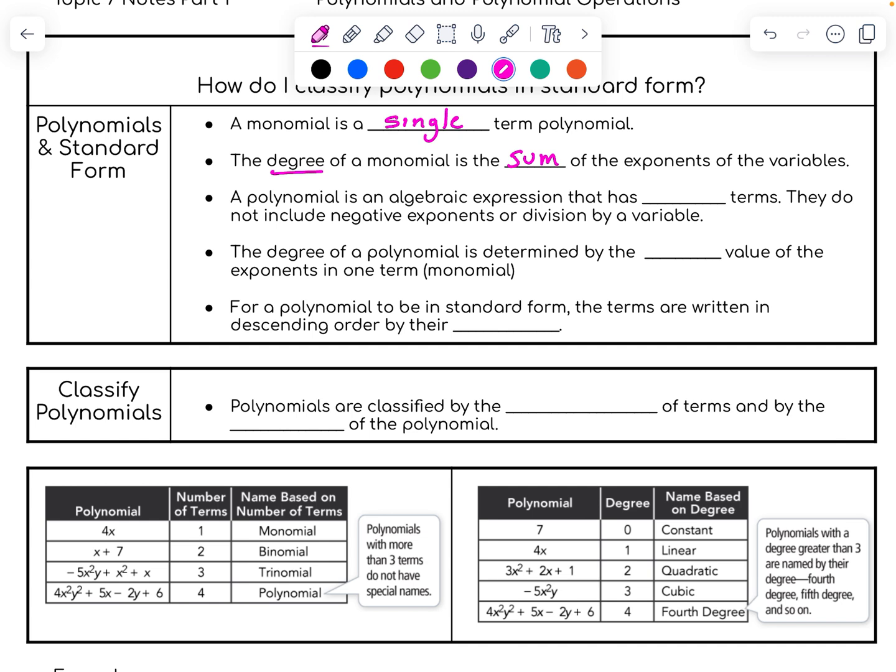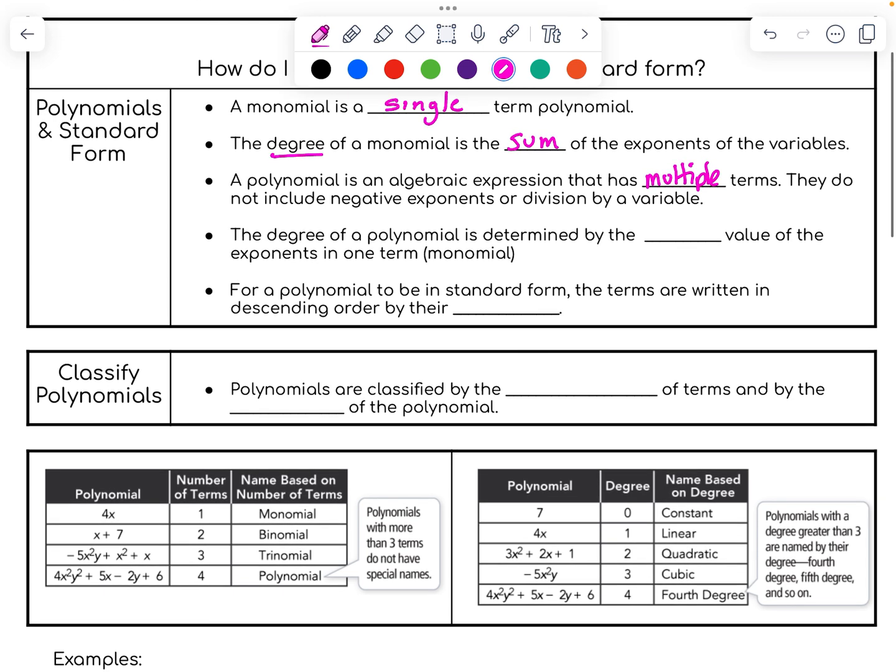A polynomial is an algebraic expression that has multiple terms, or more than one term. They do not have negative exponents or division by a variable. So polynomials should look pretty self-explanatory when you look at them.